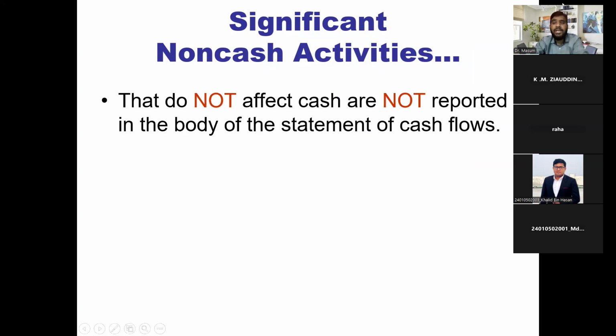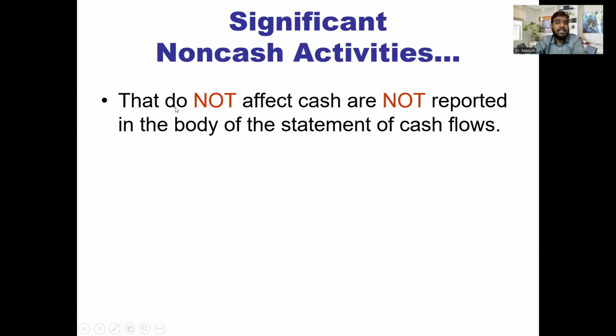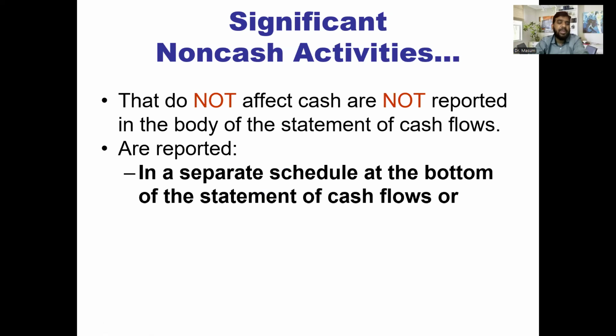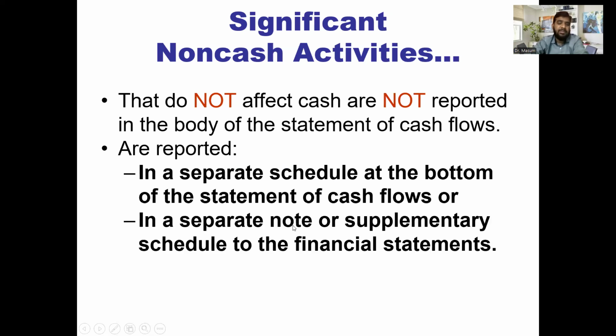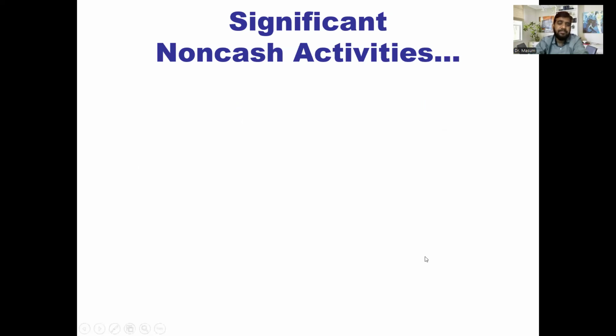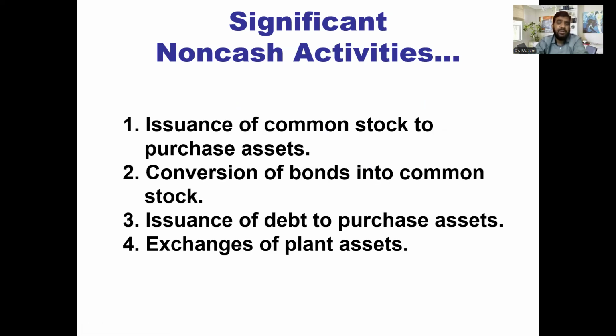There are some non-cash activities. These non-cash activities that do not affect cash are not reported in the body of the statement of cash flows. For example, depreciation is reported in a separate schedule at the bottom of the statement of cash flows, or in a separate note or supplementary schedule to the financial statements.